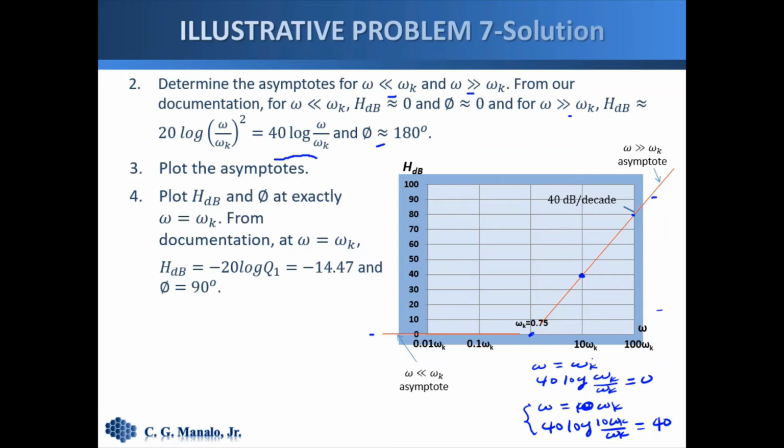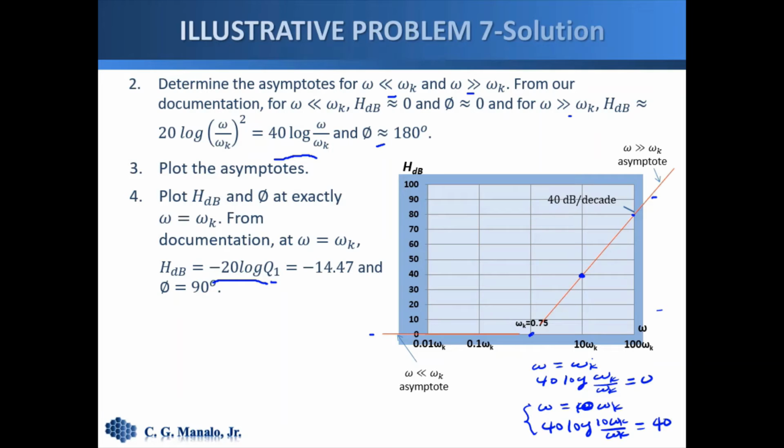Now, we also need to identify the exact location of HdB for omega equals omega k. From our documentation, that is given by this one. Since Q1 is greater than 1, log Q1 will be positive.